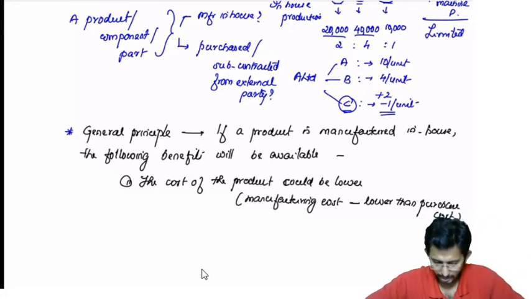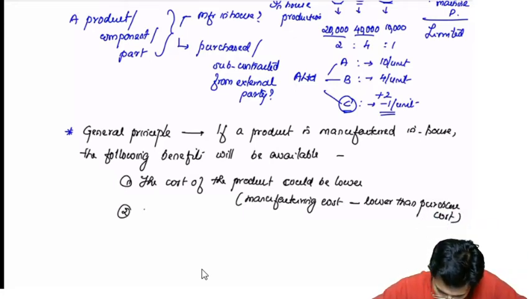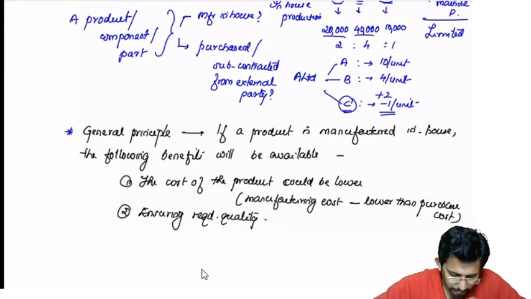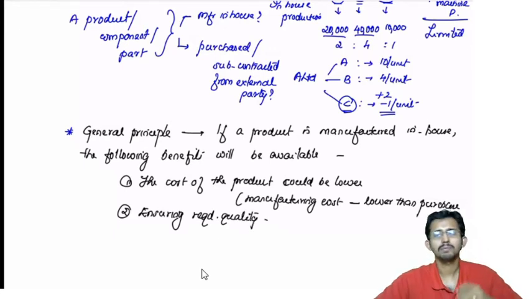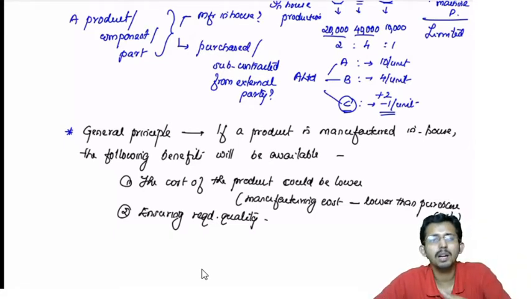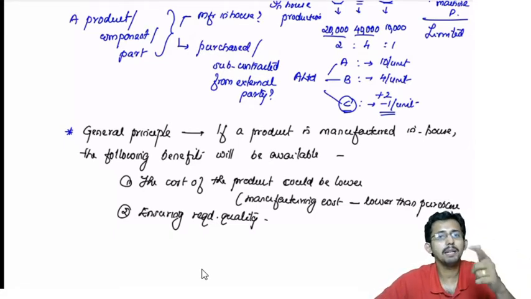Cost savings. The second one, ensuring required quality. Suppose a particular product is produced in-house, that company may be able to monitor that the product produced has sufficient quality.